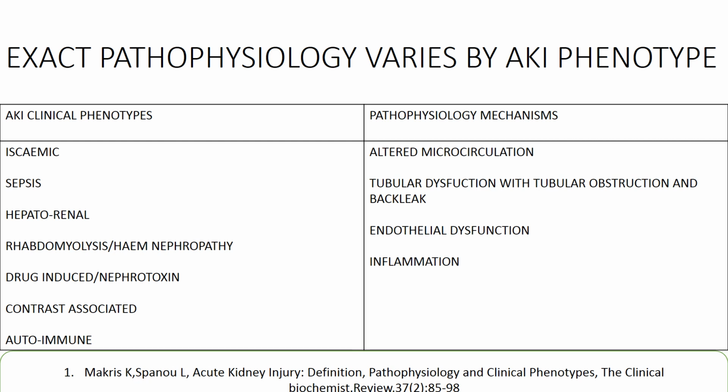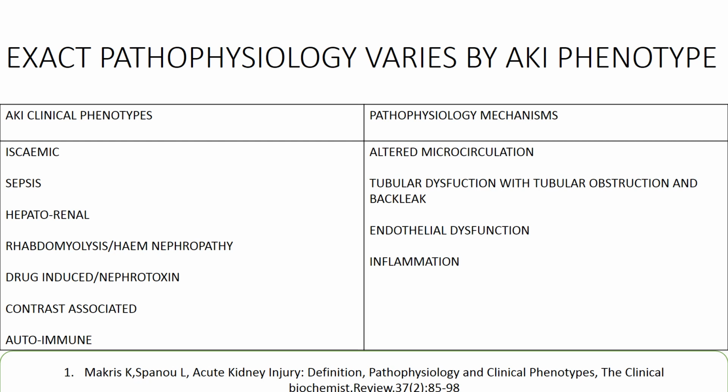So in terms of the pathophysiology of acute kidney injury, as you can see, acute kidney injury is not a disease. So it's not a single disease. It's a syndrome that is defined by a reduction in the function of the kidneys and therefore a failure in maintaining the homeostasis of the body. So there are various phenotypes.